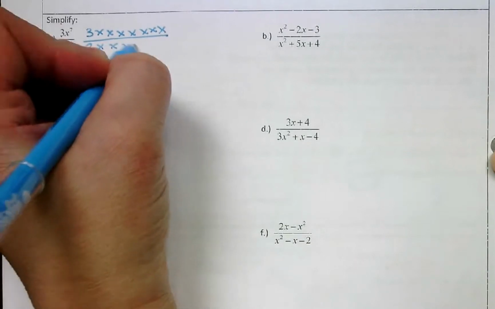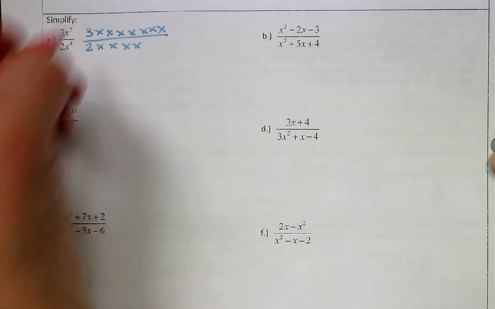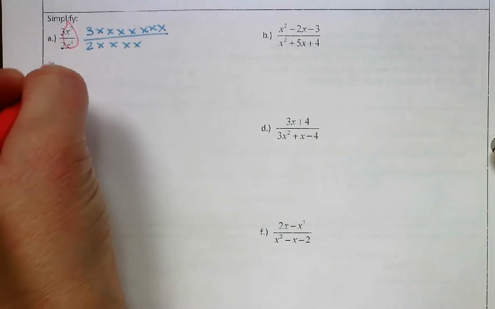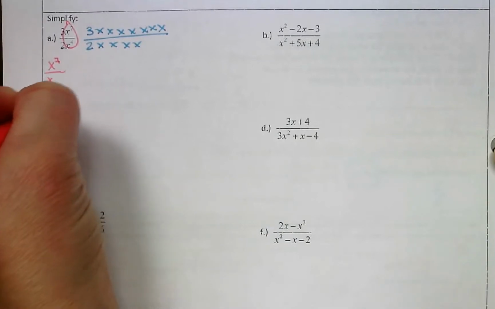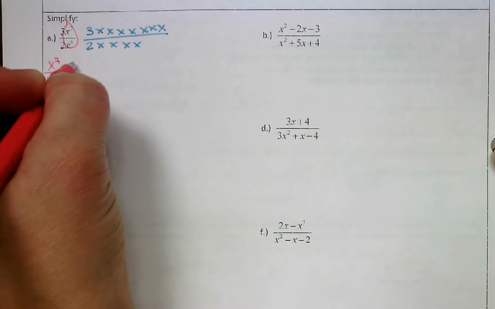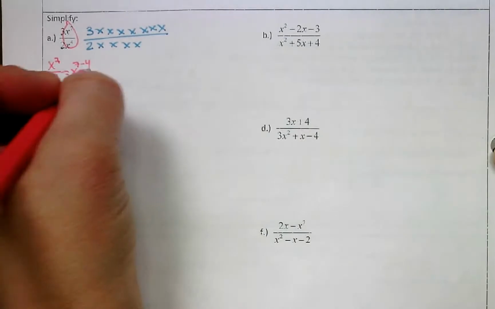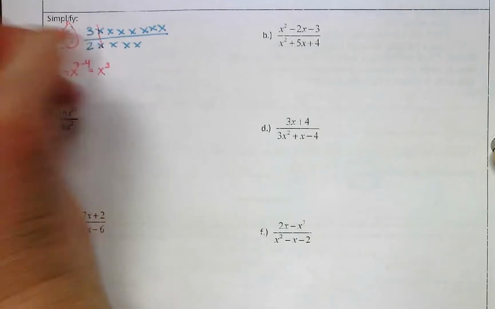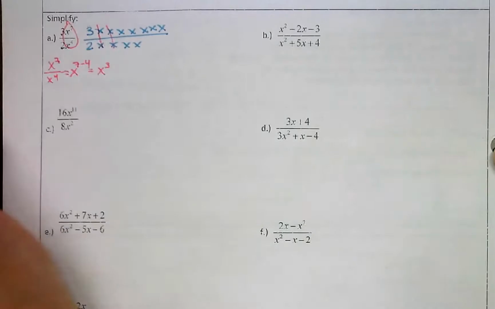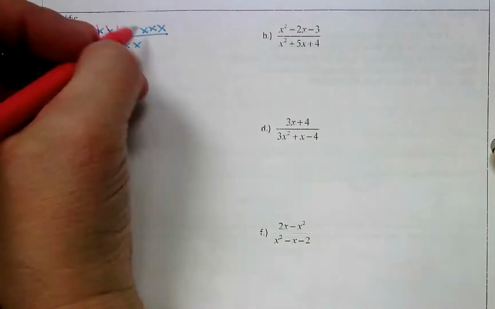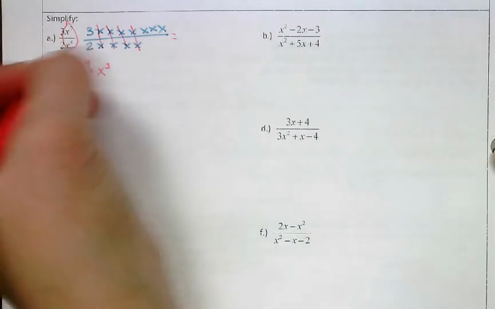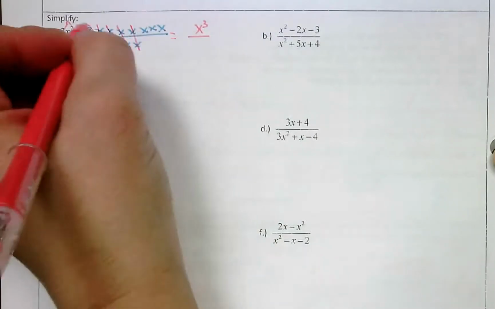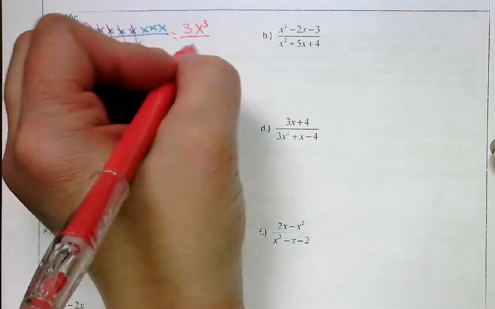So you can remember that when you are getting rid of exponents, it's a division, so x to the 7th over x to the 4th is really x to the 7 minus 4, x to the 3rd. Or you can say, well, x divided by x is 1, x divided by x is 1, x divided by x is 1, and x divided by x is 1. So that's going to leave me with x to the 3rd on top, but remember I still have these numbers in here, these coefficients that I have to put in.